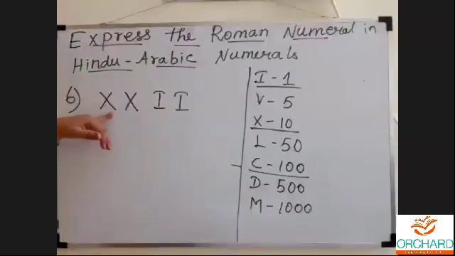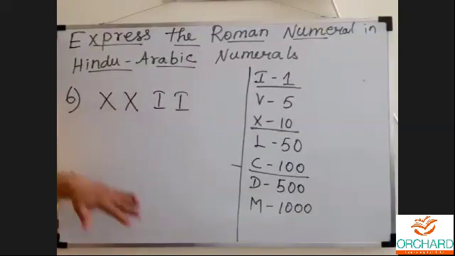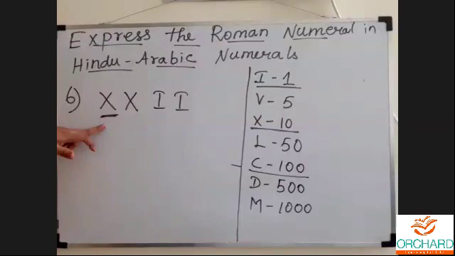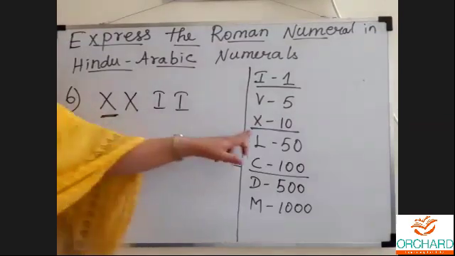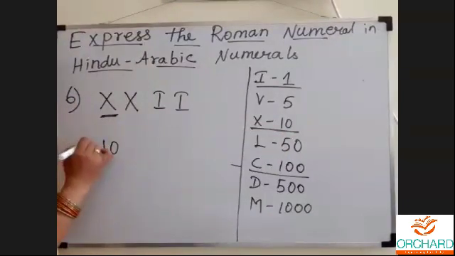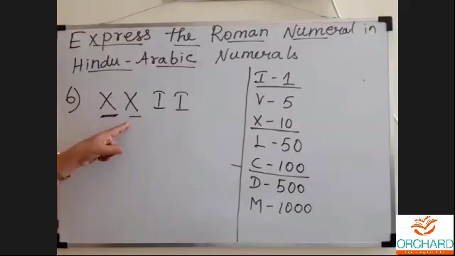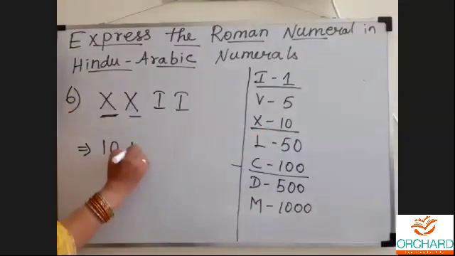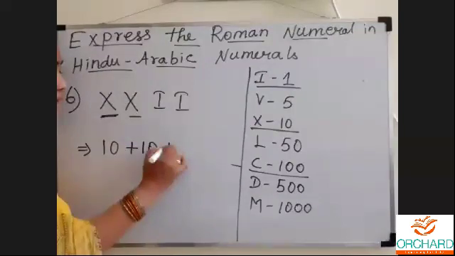Here it is given in the form of a Roman numeral. We have to express this in Hindu-Arabic numeral. So first we have to see the letter. Here X stands for 10. So you have to write 10. Now let's see the next letter. Here the letter is also X. So again X stands for 10. So you have to write plus 10 plus.